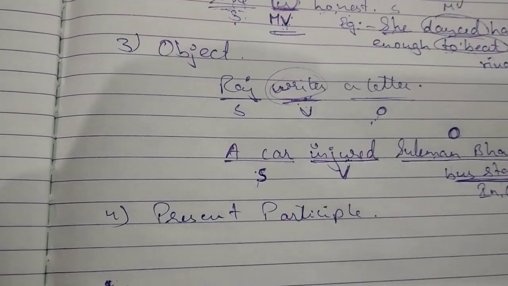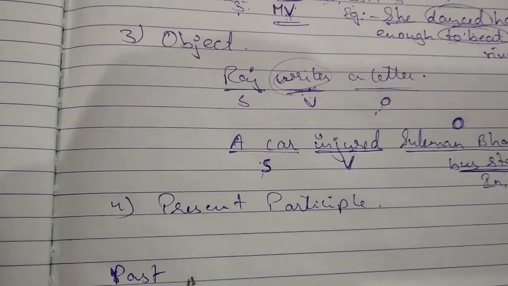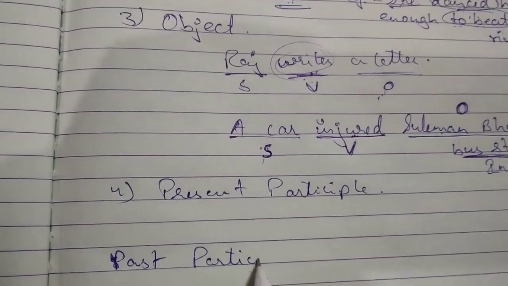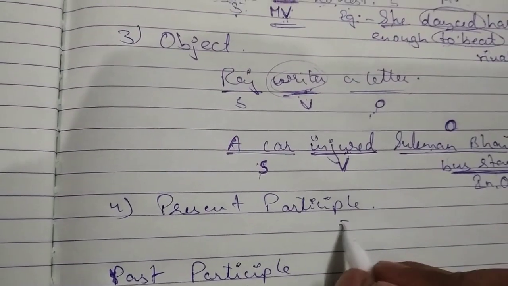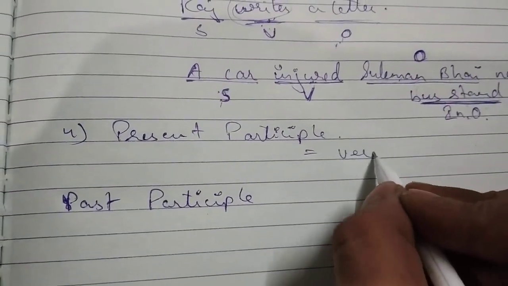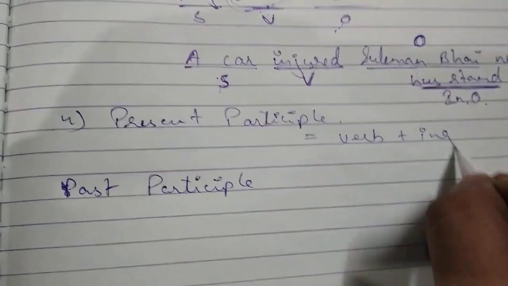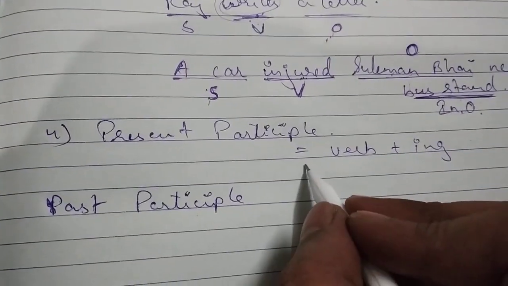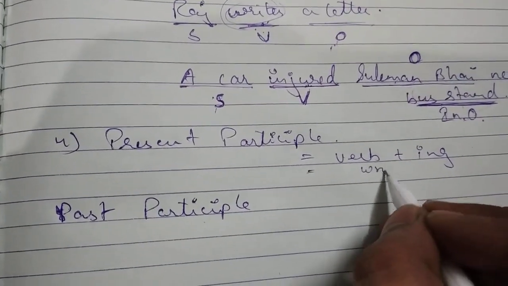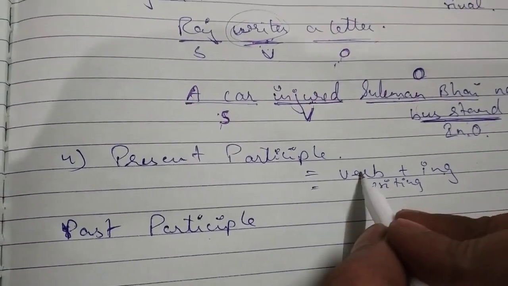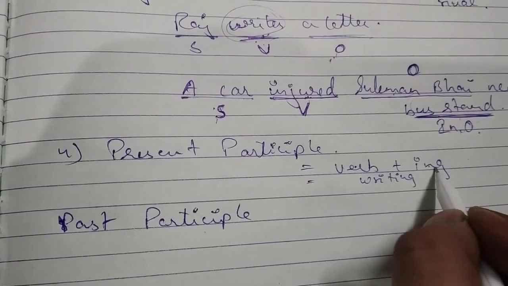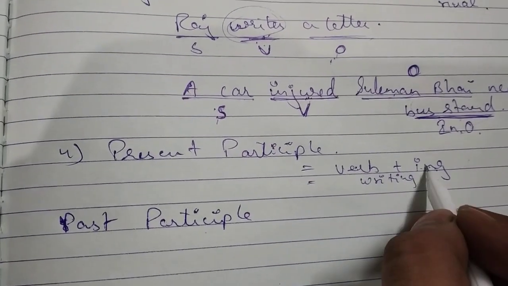Now for the time being, just remember what is present participle and past participle. Present participle means verb plus ing. Example, writing, walk, ing लगा दो walking, eat, ing लगा दो eating.